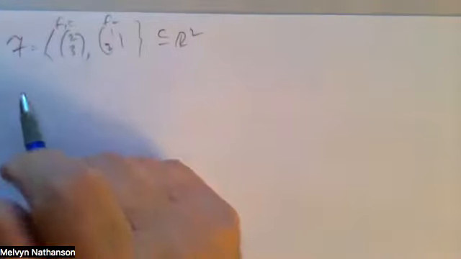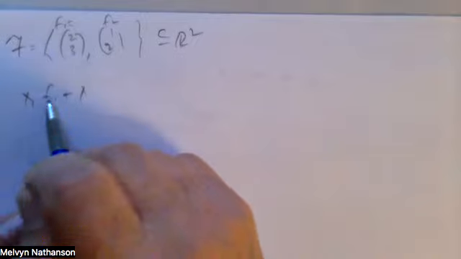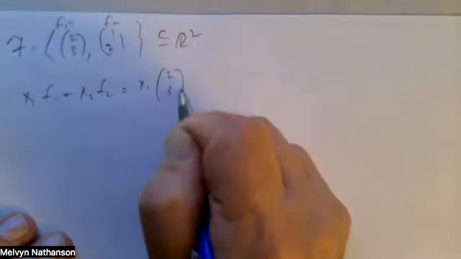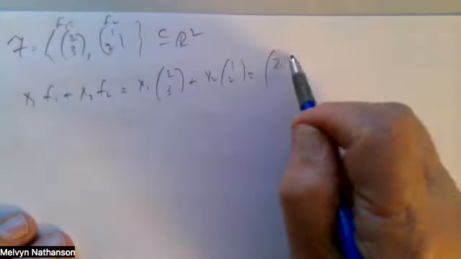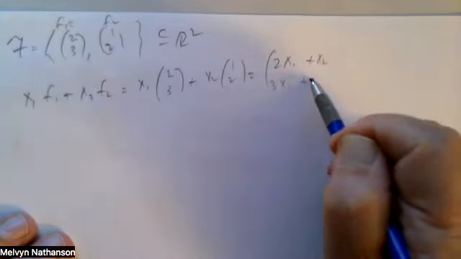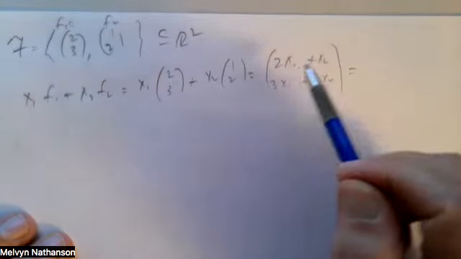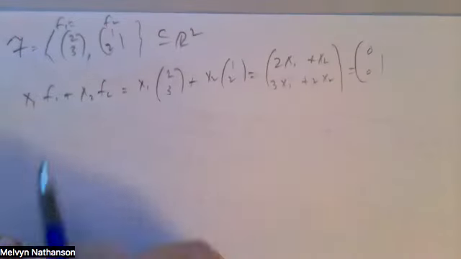These are two-dimensional vectors in R2. x1 f1 plus x2 f2 is x1 times 2, 3 plus x2 times 1, 2. If I write that as a single vector, that's 2x1 plus x2, 3x1 plus 2x2. And I want to know for what x1 and x2 this gives me the 0 vector.